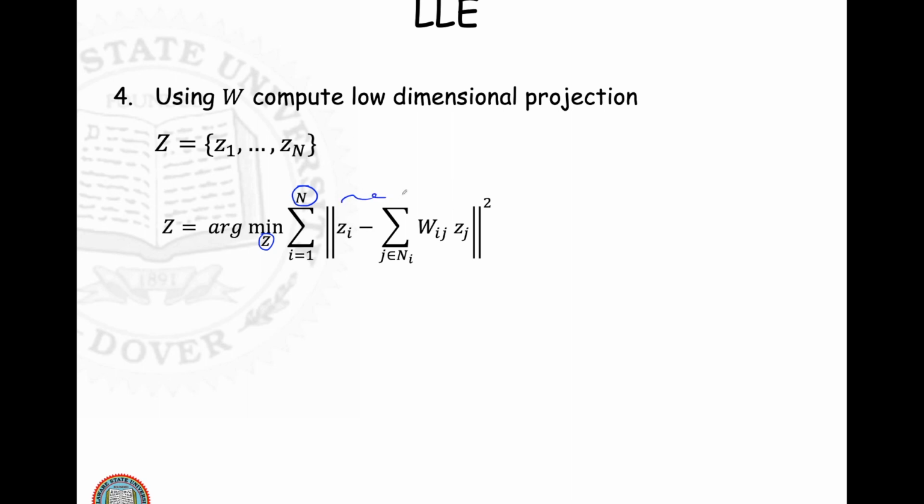So here we have the reconstruction error, and that reconstruction error is just the difference between each new projected point and the weighted combination with its neighboring points. And we're going to do that for every single point in the smaller representation.